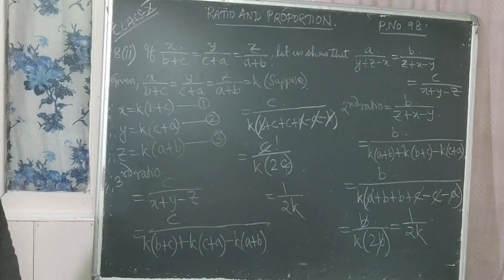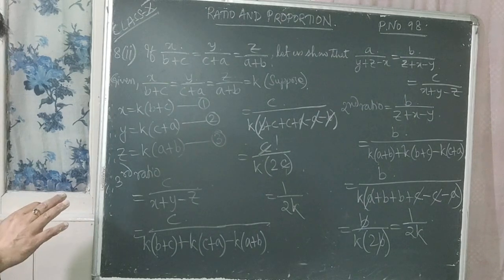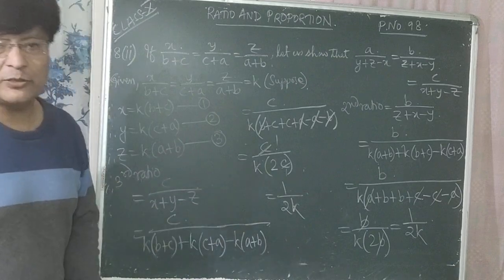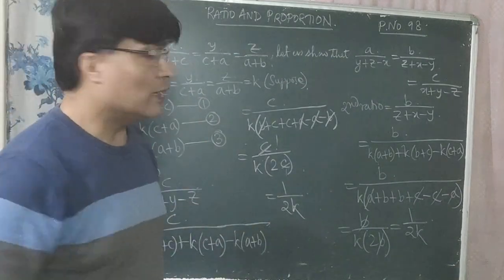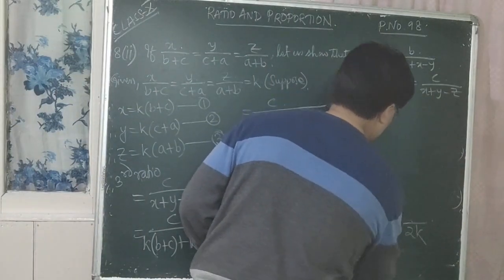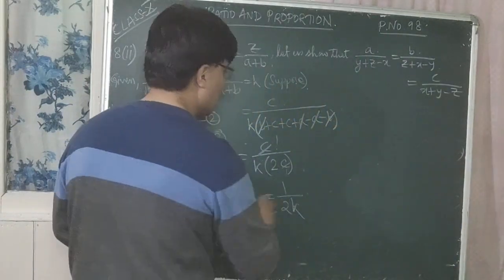Is that clear now? So we have proved that first ratio is equal to second ratio is equal to third ratio is equal to 1 upon 2k. Hence, that question is proved. So you have to write, so what will you write here?